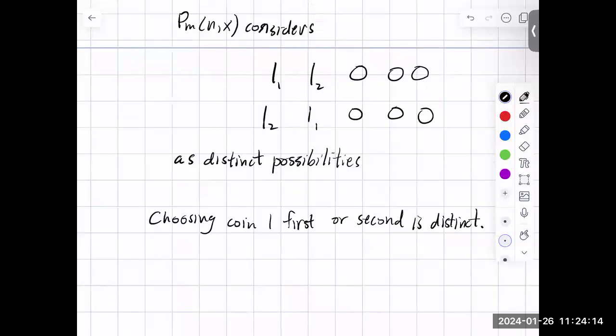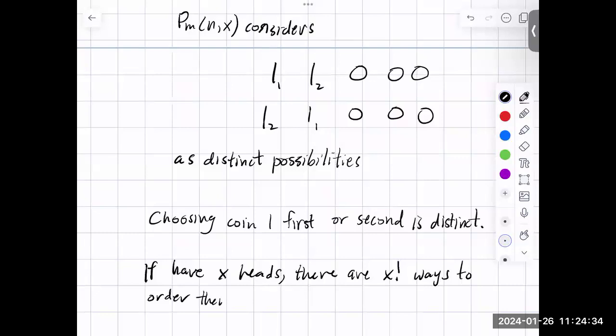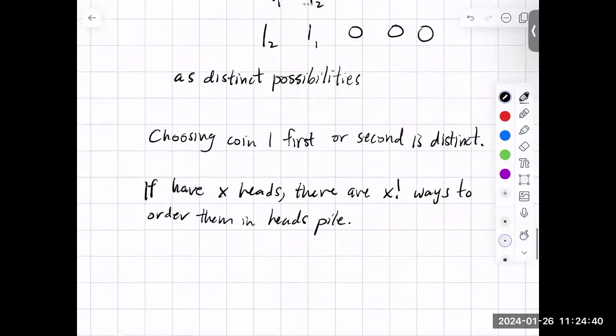It turns out that if we have X heads, there are X factorial ways to order them in our heads pile. And so let's see that. X equals 2 is not a good example, but that's the one we'll start with, and then we'll look at another one.